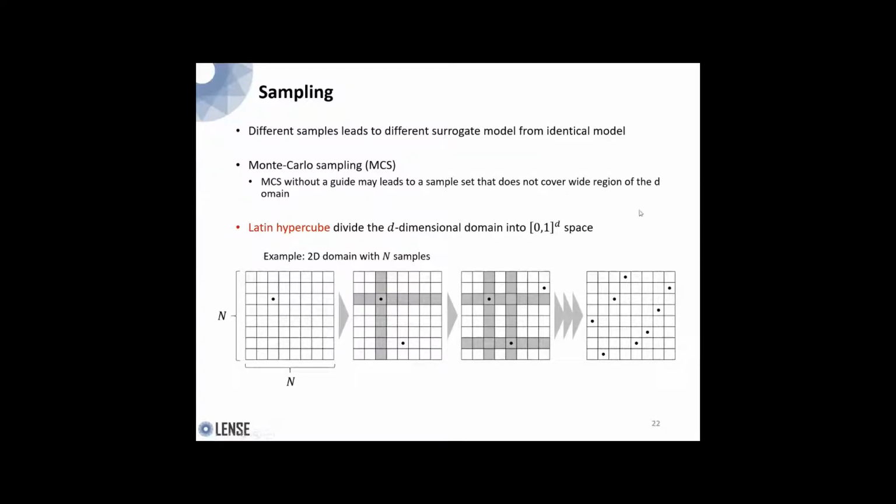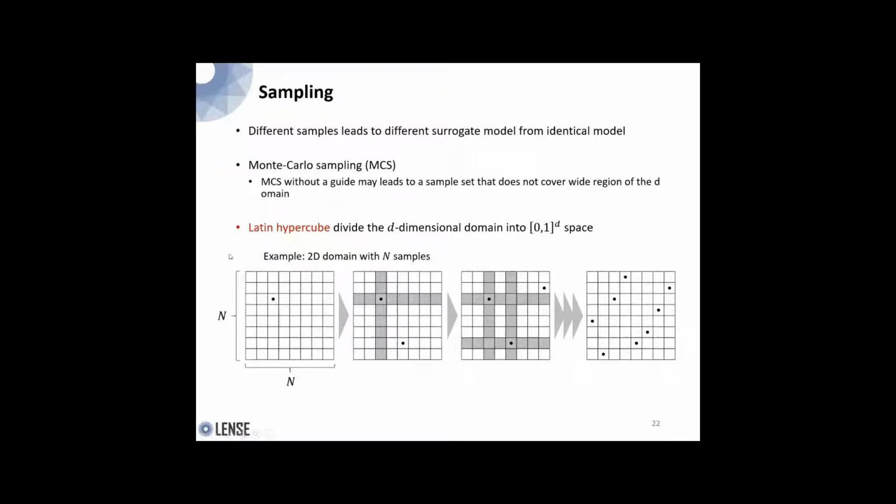So if you have a relatively low number of samples that you're going to use, deterministic or semi-deterministic samplings are more effective. And the popular method is Latin hypercube, where you're doing something like this.